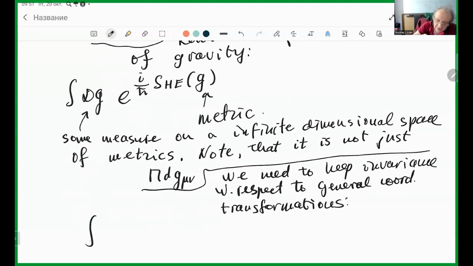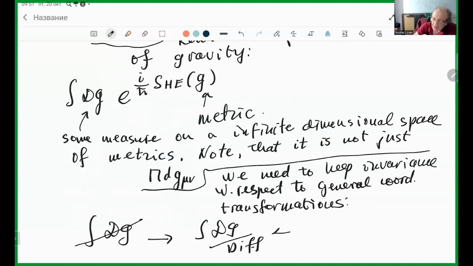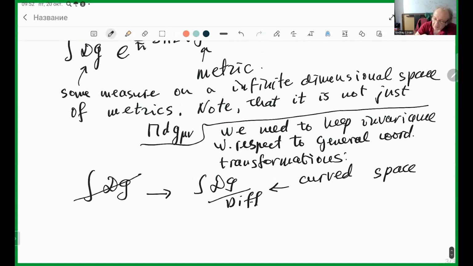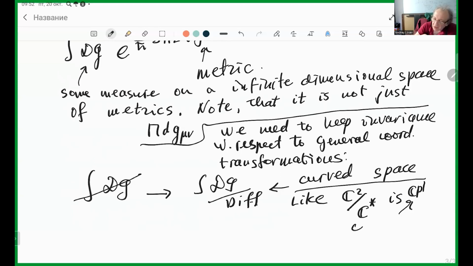So actually we are integrating not dg, we are integrating dg over diffeomorphisms. And this is a curved space, like C square over C star is CP1, which is curved.